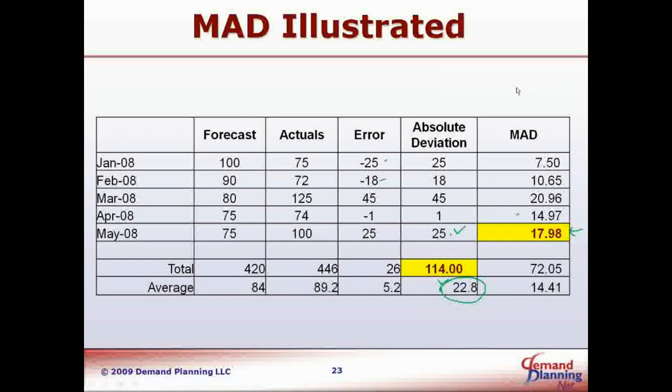It doesn't change dramatically. In this case it's 22.8, but SAP's calculated MAD that it reports is 17.98. So I just wanted to explain to you what happens behind the scenes. Take it for what it's worth, whether it's useful or not, depending on whether you do some programming in the back end.